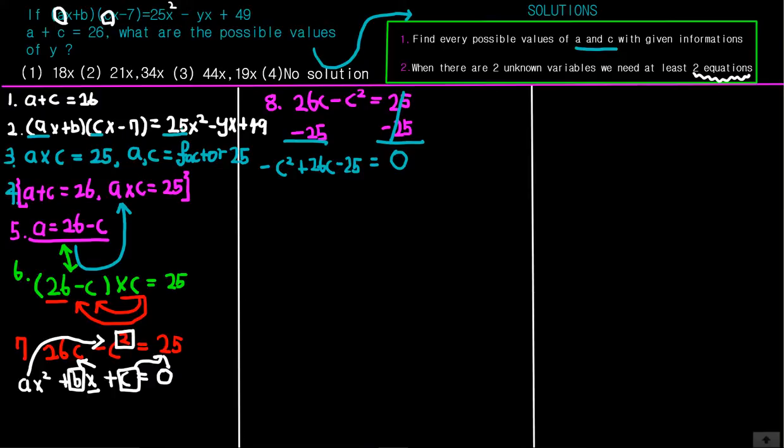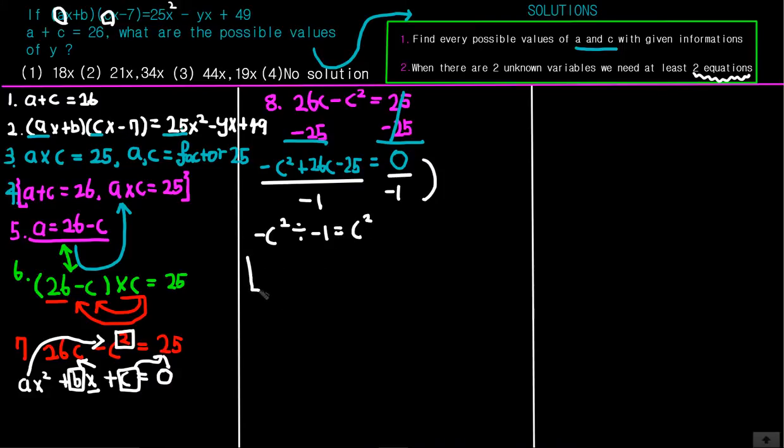But we need to be careful. We could have just factored it here, but if the leading coefficient is negative, it's hard to calculate. So in order to make it positive, we can divide the whole expression by negative 1. Negative c squared divided by negative 1 is just c squared.